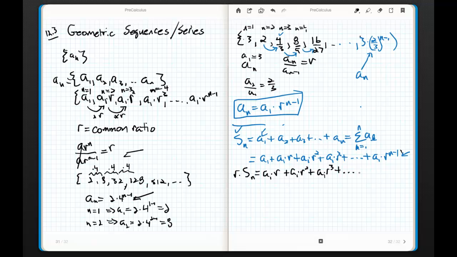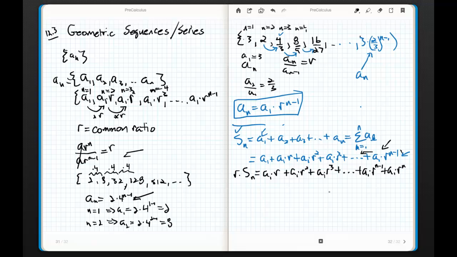I'm just multiplying all of these terms by r. Now watch. I'm going to include two terms here at the end so you can see what I'm getting ready to do: a sub 1 times r to the n minus 1. That's going to be, this term is from the term immediately preceding this, which is a sub 1 times r to the n minus 2, plus a sub 1 times r to the n. See where it comes from? When I multiply this guy by r, r times r to the n minus 1 produces an r to the n.